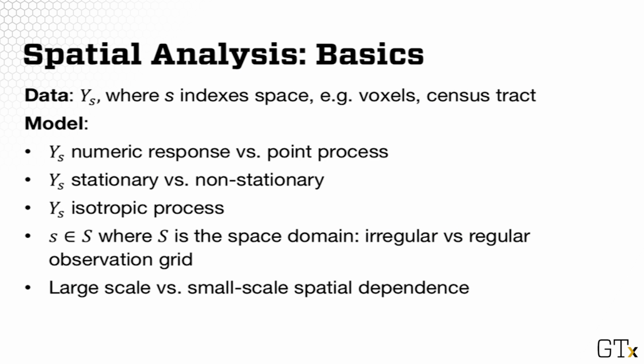Last, it's also important to identify whether the spatial dependence is more localized, or so-called small-scale dependence, in comparison to strong dependence over large distances. All these aspects are important considerations in modeling spatial data.